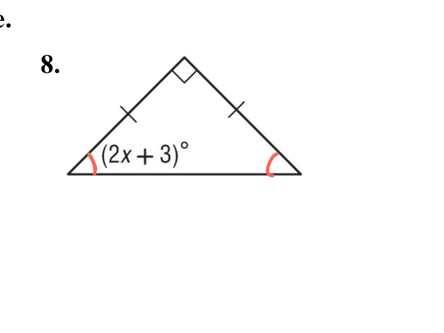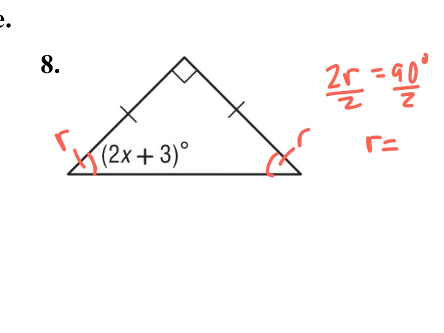I'll just call this angle R. It doesn't matter what I call it. I know that 2R is equal to 90 degrees, and if I divide both sides by 2, I get that R is equal to 45 degrees. So these angles are 45-degree angles.